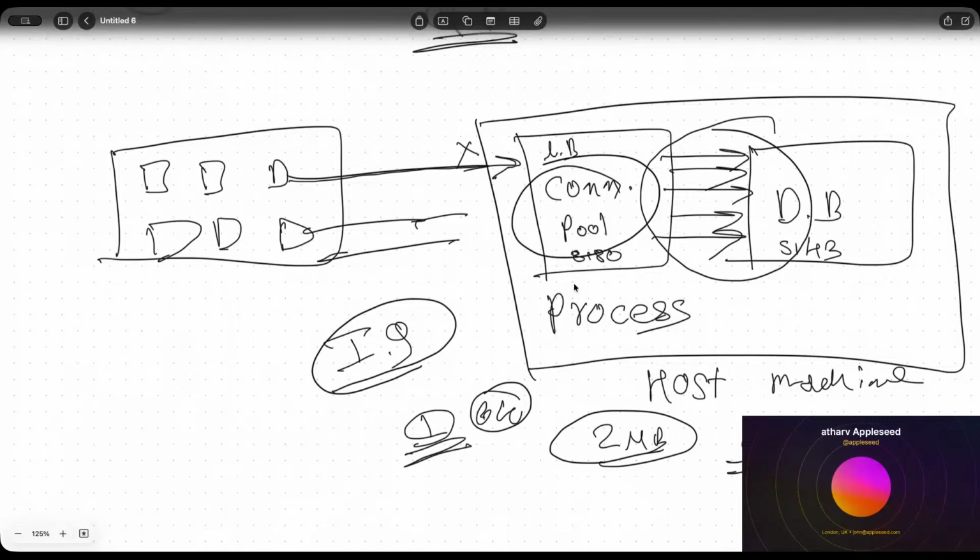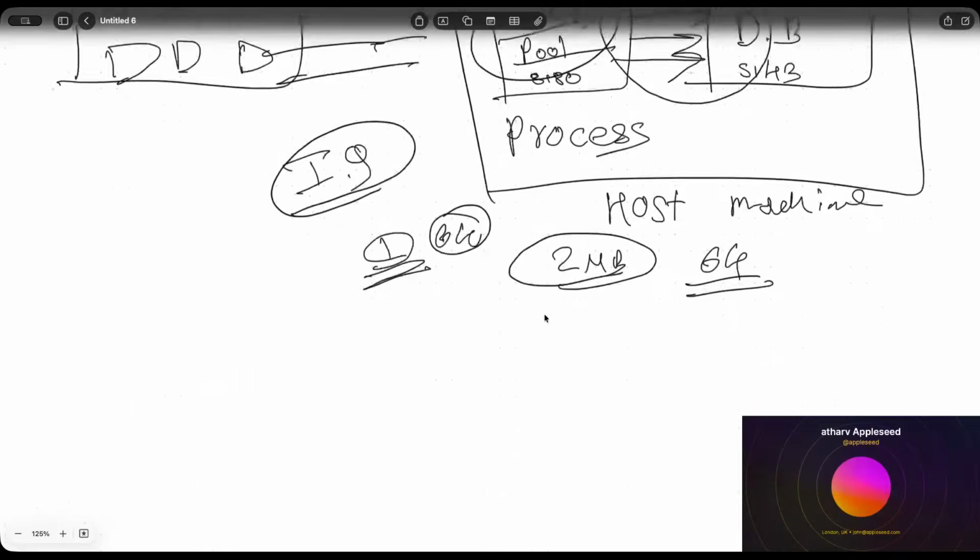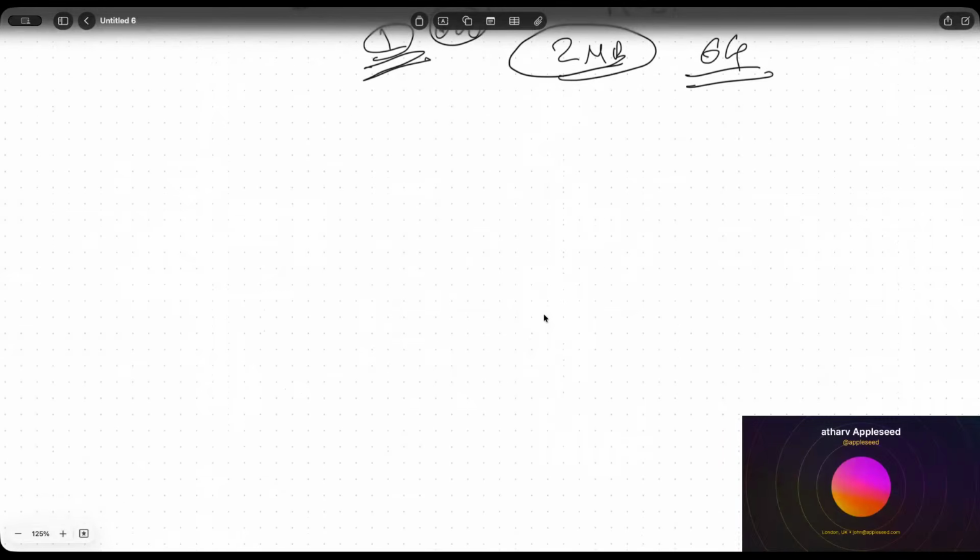So what they did, they introduced a connection pooler. So this is one of the simpler solutions for a pretty early scale that we might face as our app grows.